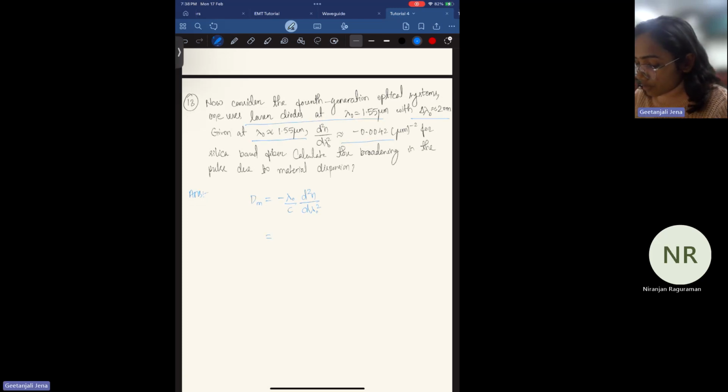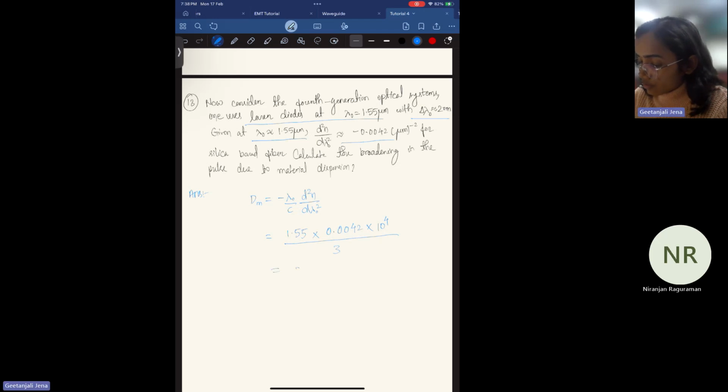The wavelength is 1.55 micrometer, times 0.0042, and we have to multiply it with 10 to the 4 by 3.